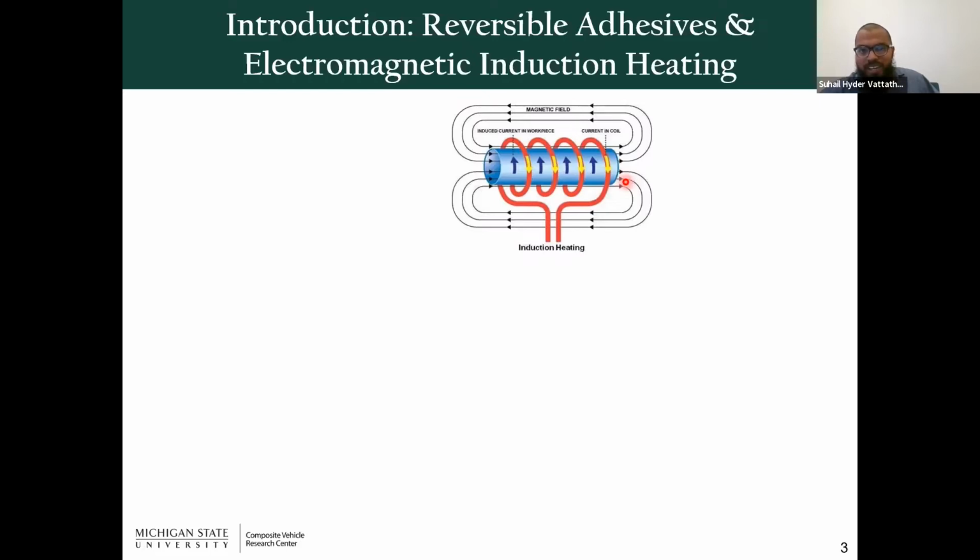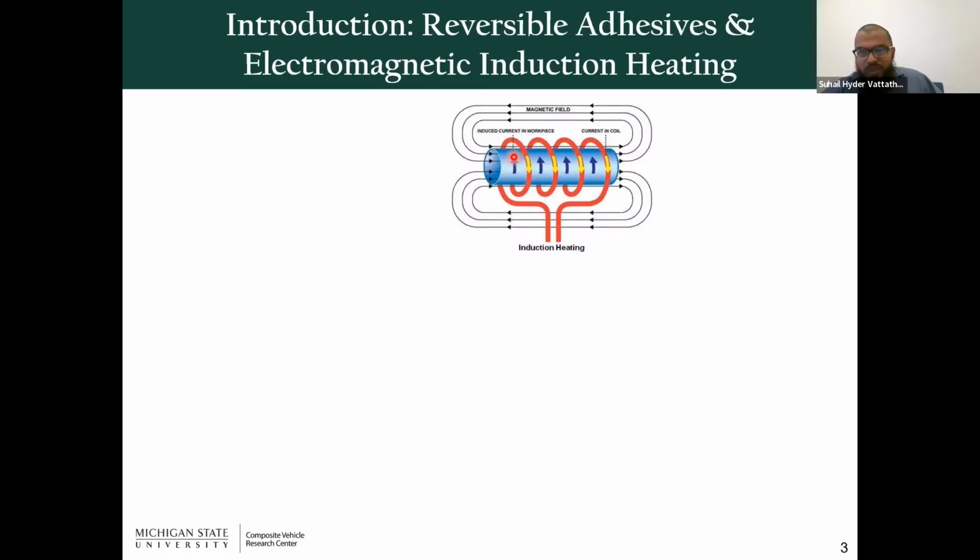So in a typical induction heating system, an AC power is supplied through a conductive coil. The red coil that you're seeing is a conductive coil, and AC current is supplied to that. This generates an alternating magnetic field around the coil. And if you place any conductive piece within this magnetic field, it induces an eddy current within this conductive material.